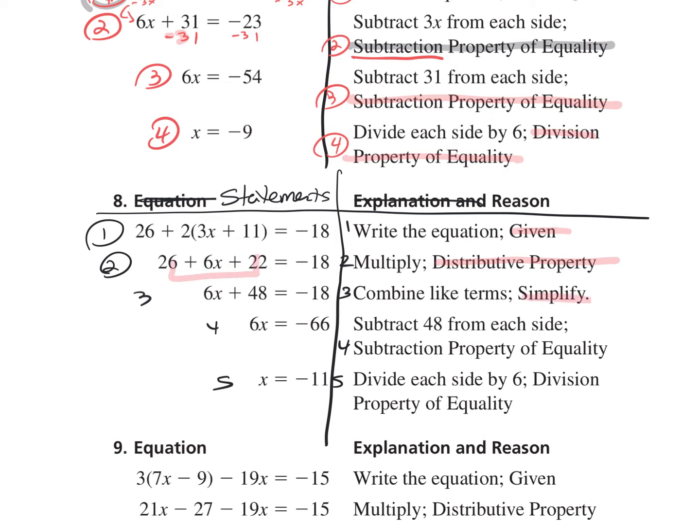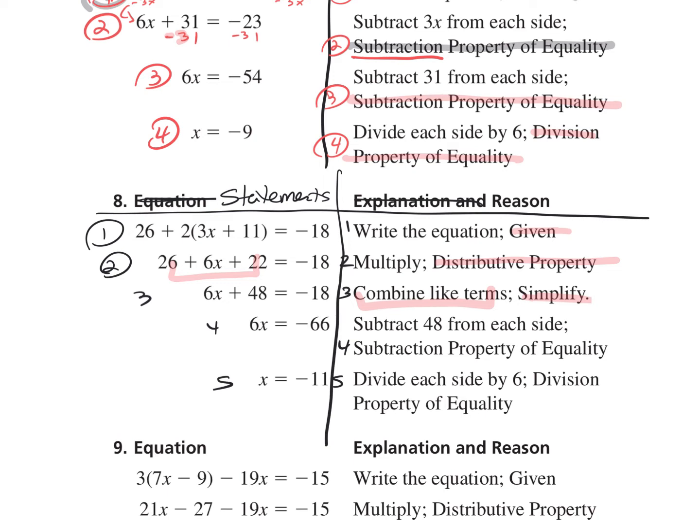If you put add or addition, you would get it wrong. So what you need to put here for the reason for number 3 is either combine like terms or simplify. If you put addition, it's wrong because you did not add the same number to both sides.